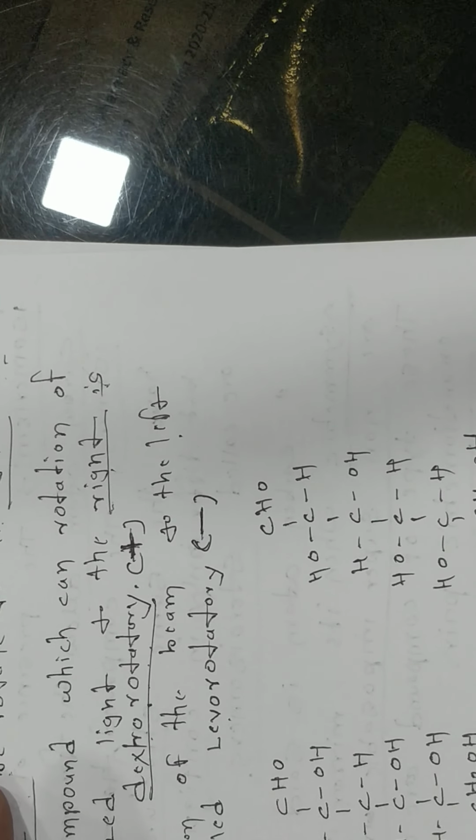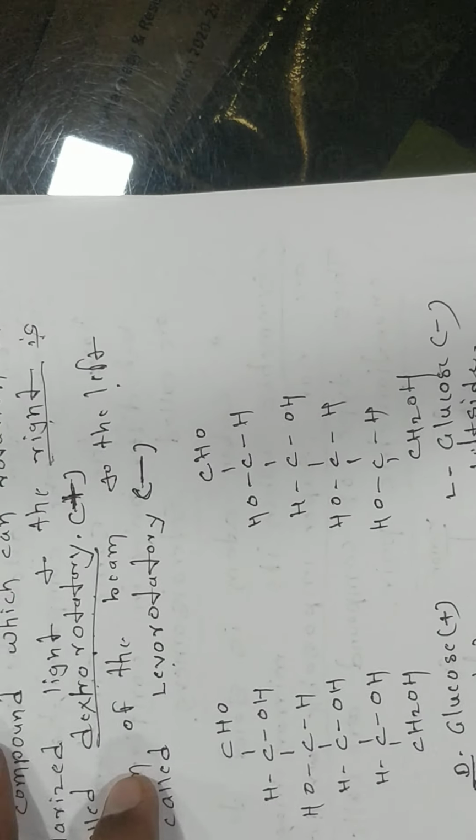That's why D indicates dextrorotatory, and L indicates levorotatory, that glucose is levorotatory, denoted as negative sign. These are the examples. It can be rotated in the right hand side, it can be rotated in the left hand side.